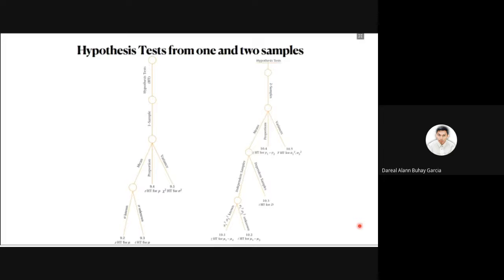The rightmost branch of this side, right here, contains and displays the various hypothesis testing techniques. The central branch of this figure contains techniques for testing hypotheses with two samples. Note that at the bottom of each tree branch, the title of statistical technique is given for ease of identification and use.